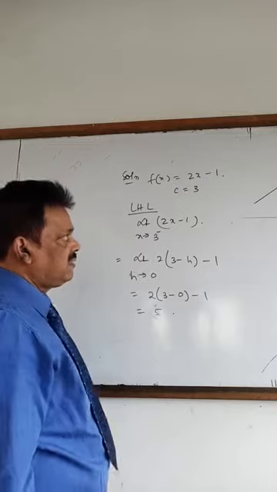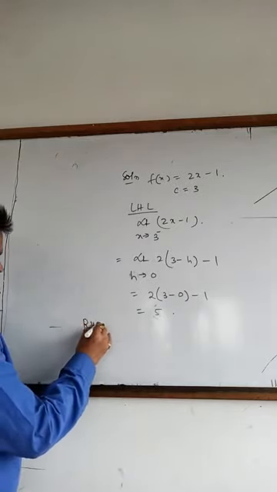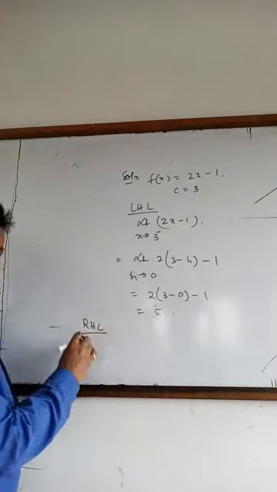Your left hand limit is 5. Okay, let us see the right hand limit. The graph we are showing, you can see it here. It is like this. X equals 3.